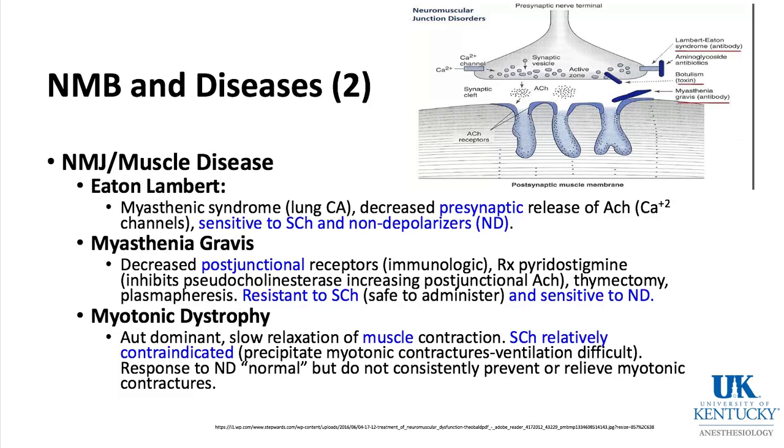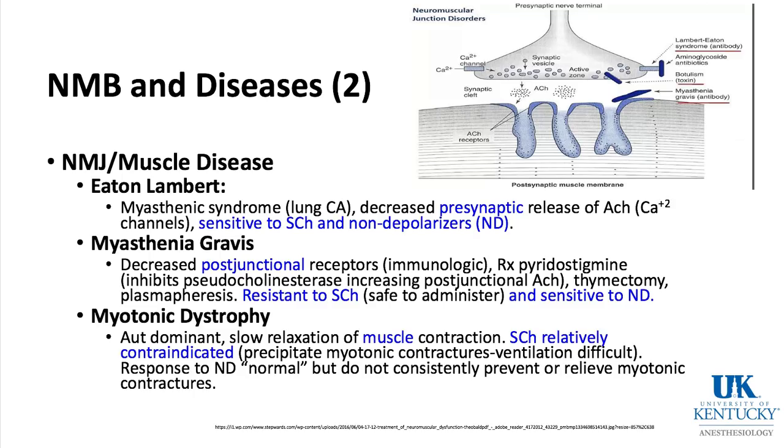Eaton-Lambert, or myasthenic syndrome, is often associated with patients with lung cancer. There's decreased presynaptic release of acetylcholine because those calcium channels are messed up. These patients tend to be sensitive to both non-depolarizers, like rocuronium, vecuronium, and pancuronium, but also to succinylcholine. Sensitive to both. While the myasthenia gravis patient has decreased post-junctional receptors.